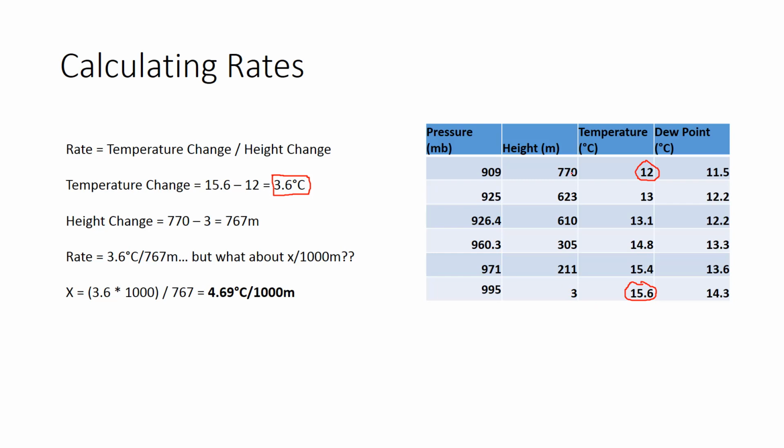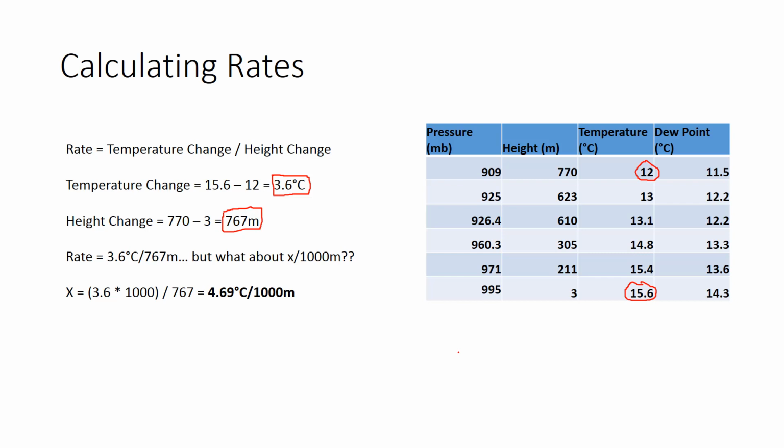You can calculate that from 770 minus 3, which gives you 767 meters. That's your height change. To calculate the rate of change, you take the temperature change, 3.6 degrees Celsius, divided by the height change, 767 meters, and that gives you some kind of rate in degrees Celsius per meter.